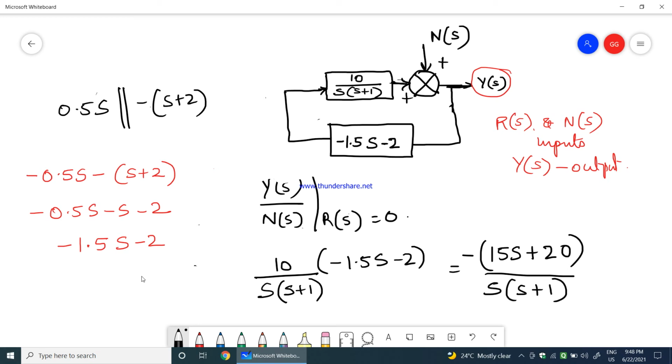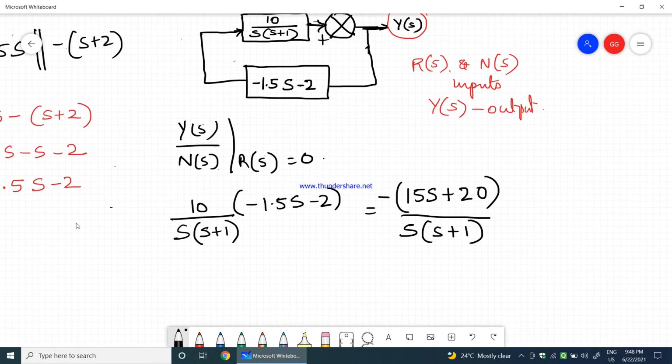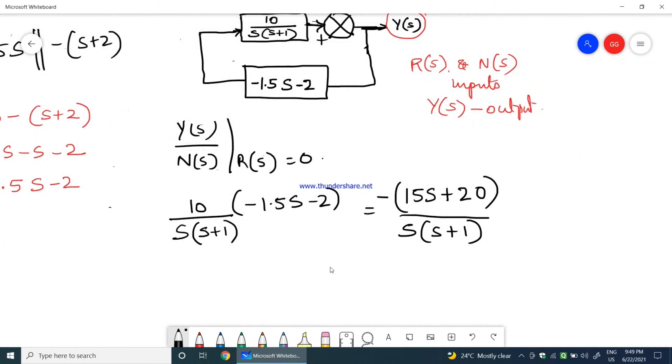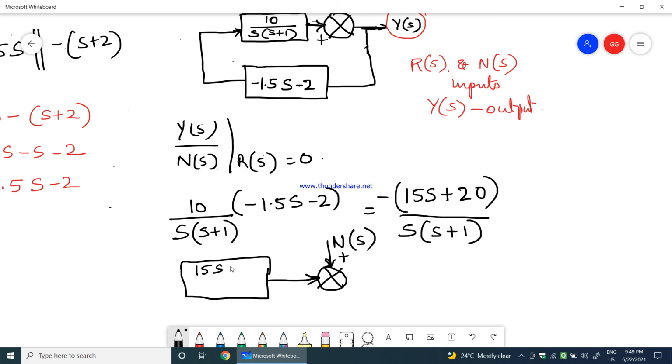Okay. So therefore, I'll try to write a new block here. So I will have a summing point here where n of s is the input, which is positive. I am getting a block here which is nothing but 15s plus 20 divided by s into s plus 1, and I will represent this negative here.